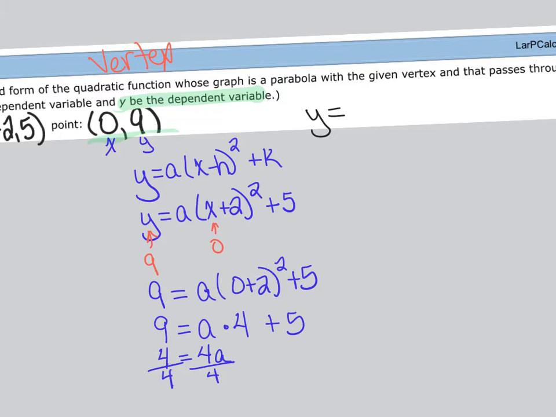What's my A value? 1. My A value is 1. Now, A equals 1 is not your answer. Your answer is when we go back up and we plug it in. So I have Y equals X plus 2 squared plus 5. Okay? So that right there is my answer.